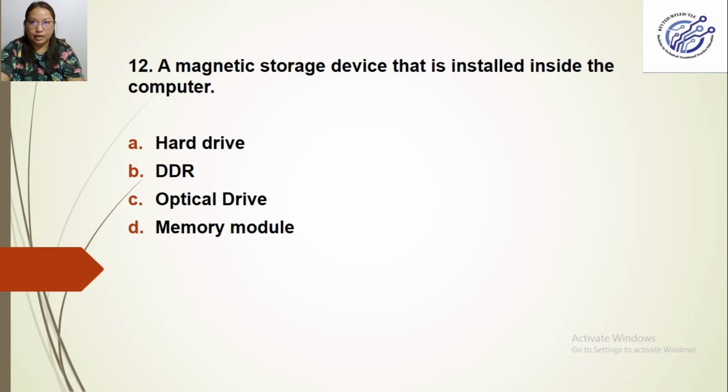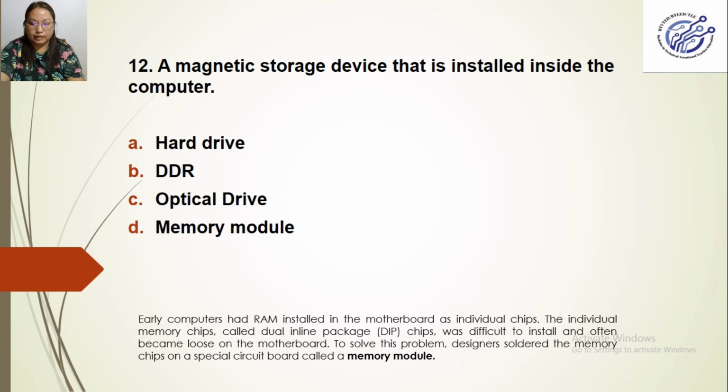Tingnan po natin. So ang memory module po, sinabi po dito, early computers had RAM. So ano pong itong RAM? Random access memory installed in the motherboard as an individual chip. So itong si RAM saka si ROM, pareha po silang naka-install sa ating motherboard as individual chips.